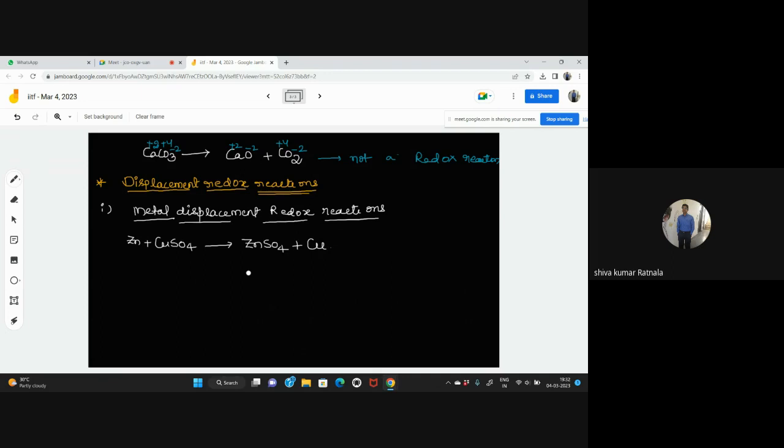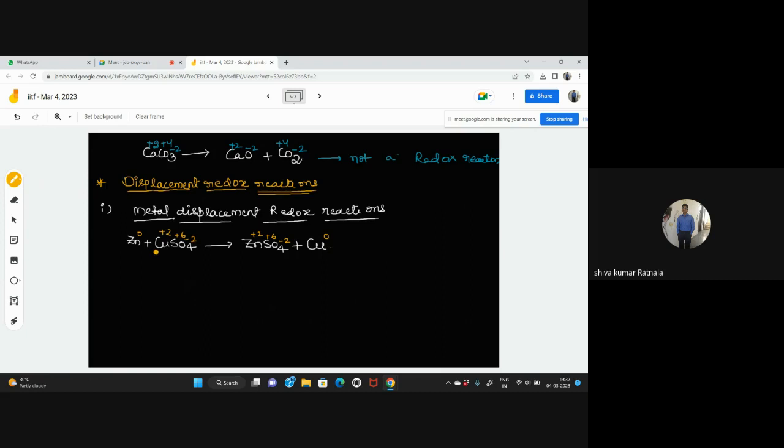So Zn is +2. Zinc metal is 0, oxygen -2, sulfur +6, copper +2, and here again oxygen -2, sulfur +6, zinc +2, and copper metal 0.